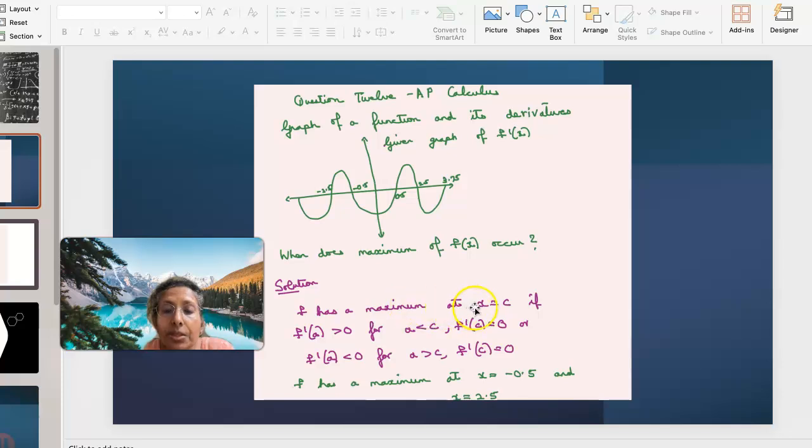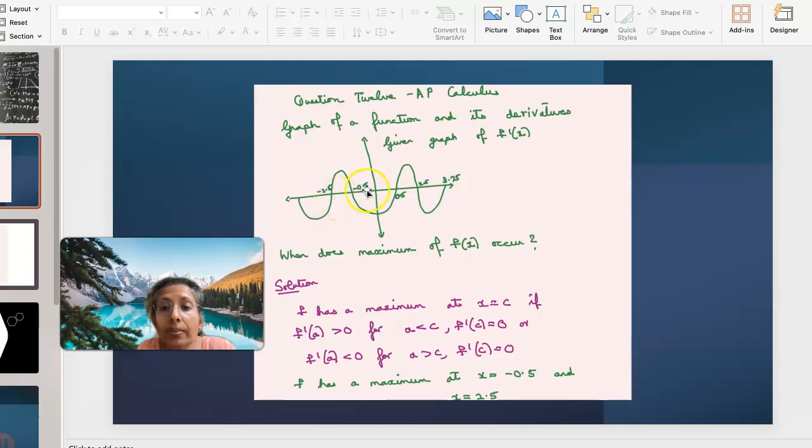Now f has a maximum at x equal to c if f'(x) is greater than 0 for x less than c and f'(c) equal to 0, and f'(x) is less than 0 for x greater than c. So we can see that at minus 2.5, f'(x) is less than 0, so it doesn't hold.